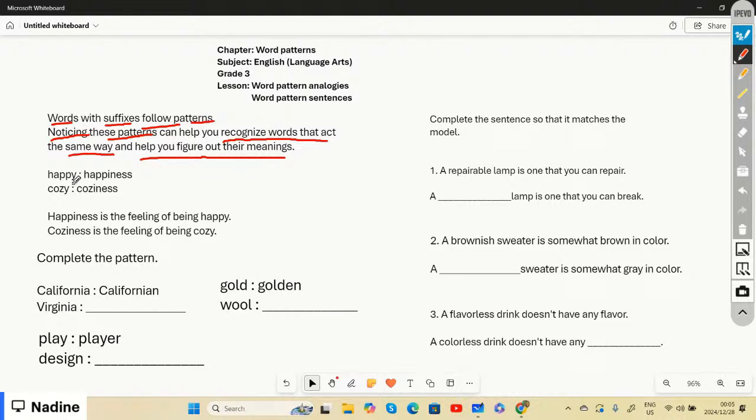All right, if we look at an example of word patterns, look at the word happy. Remember we said if you look at these patterns, you'll be able to recognize words that act the same way, and it will also help you to figure out their meanings.